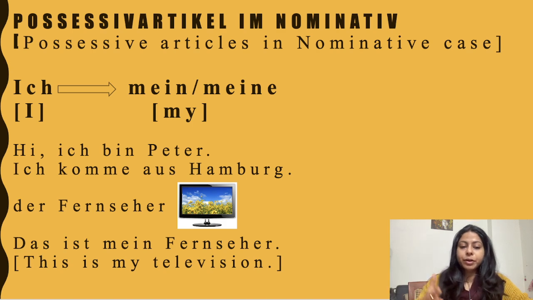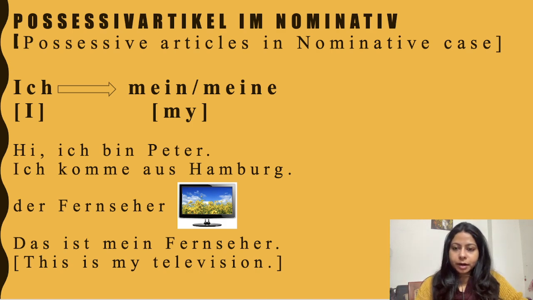So for every pronoun in German, there is a possessive pronoun. So let's look at the first one, possessive pronoun in nominative case. The first one is ich, that we just saw. For every personal pronoun, there is a possessive pronoun. So whenever there is ich, the possessive pronoun in nominative case would be mein. Hi, ich bin Peter.